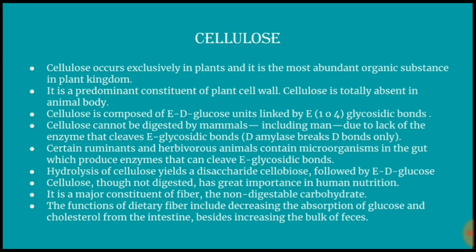Now coming to cellulose. Cellulose is exclusively found in plants, in the plant cell wall. So this is usually observed in the plant kingdom only and not in the animal kingdom. Cellulose is not at all present in the animal kingdom. Cellulose is composed of glucose with β-1,4 glycosidic bonds, and the cellulose cannot be digested by mammals.